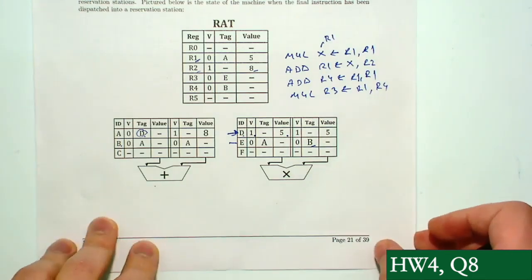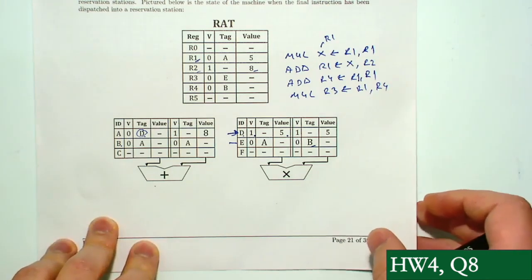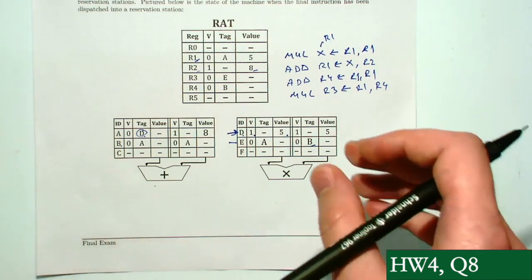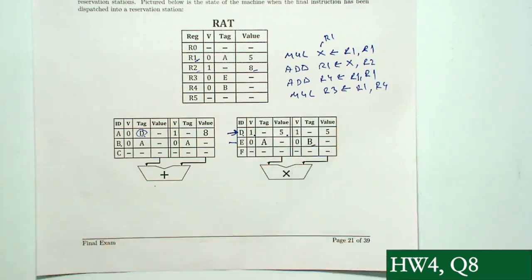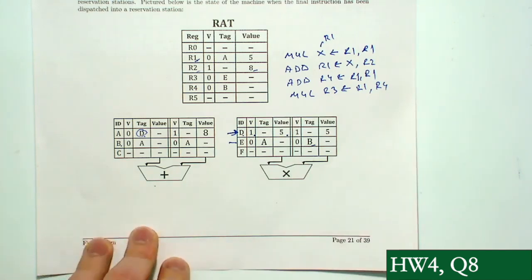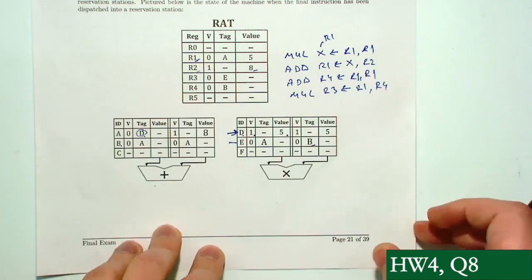Or maybe you can just leave it as X. But in the solution, you have to make it clear that you understand that this could be any of those 3 registers, okay? So don't just leave it blank. Put something like X and explain that it could be one of those 3 registers.